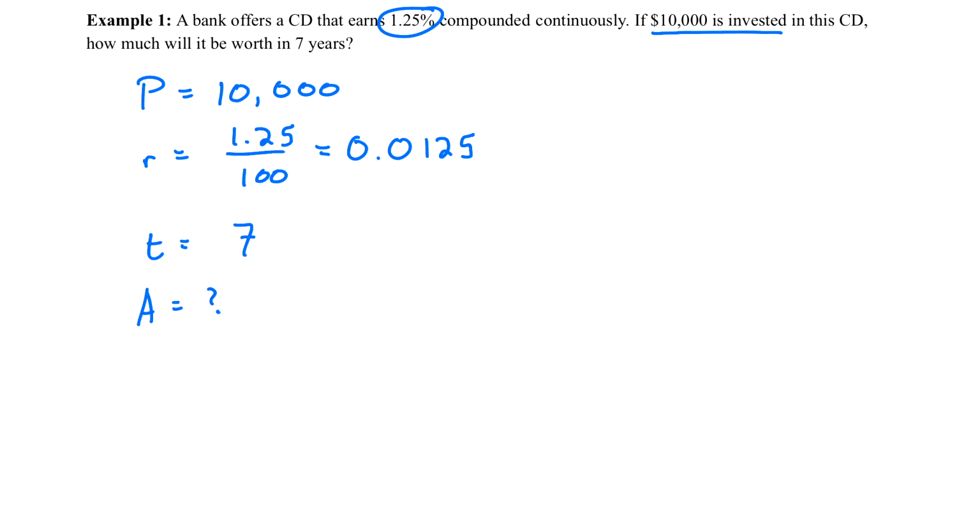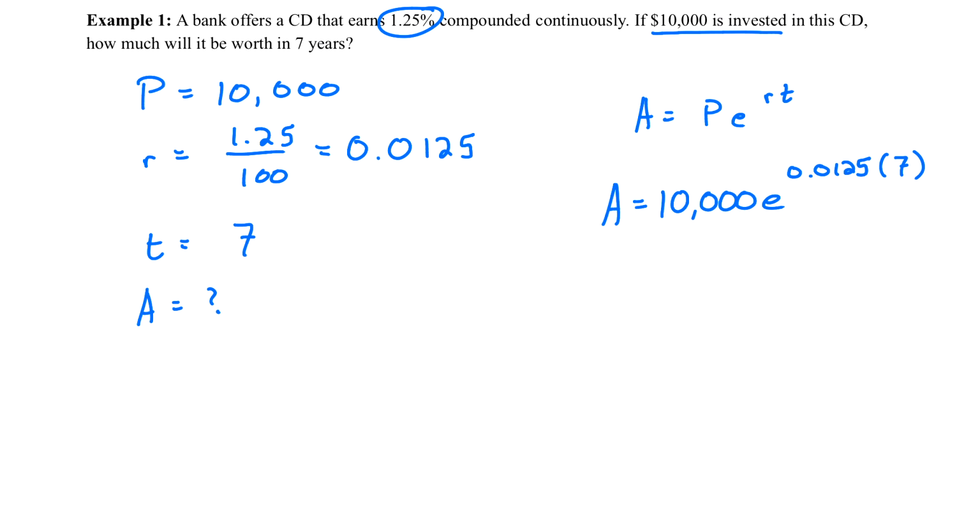So I'm going to take all of this information and plug it into that continuous compound interest formula. So that said, A equals P times e raised to the rt. So for this problem, we've got A equals P, that's 10,000, e raised to the r, so that'll be 0.0125 times t, that's going to be times 7.